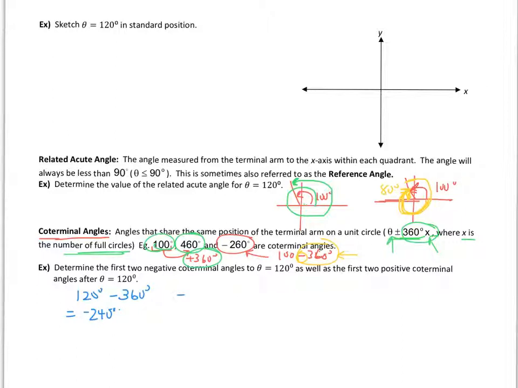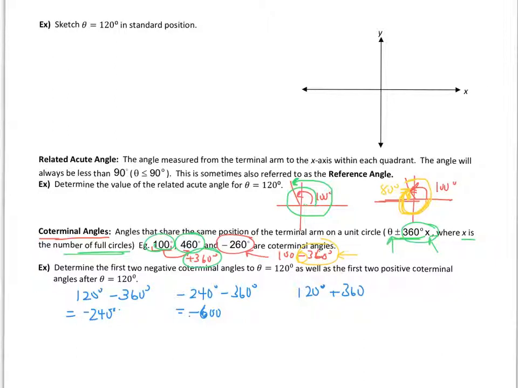Then I could go around again in the negative direction, so I'm going to take that negative 240 degrees and subtract another 360, and we get negative 600. So negative 600 would also stop at that same terminal arm. Or I could take 120 degrees and add 360 to it.